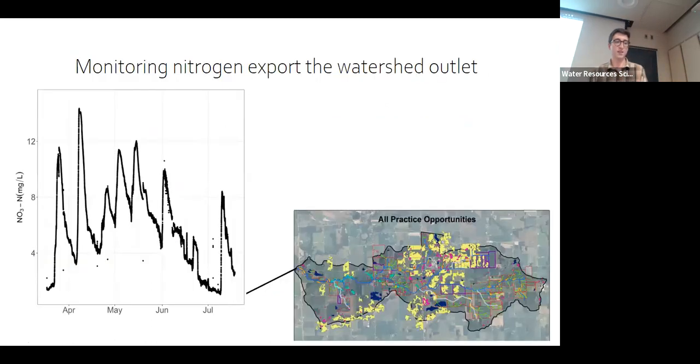So if you contrast this solution that we can have for reducing nutrient loss with one of the ways that is often monitored, which is using this Eulerian reference frame at a watershed output, where you have this continuous temporal record at a single point, understanding the influence that potentially one of these field scale conservation practices is having on water quality can be really difficult when you have this big spatial discrepancy. So that's kind of why we've implemented and are trying to use this pack raft based approach to bridge that gap.